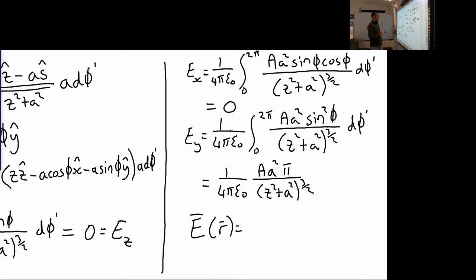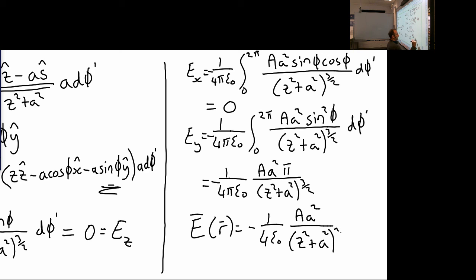Of course, this should be a negative. These are negatives in here, because you have a minus a sine phi y hat over here. So it's minus 1 over 4 epsilon naught, a squared over the denominator, in the y hat direction. Okay, so that's our solution to the electric field for that circular line charge.